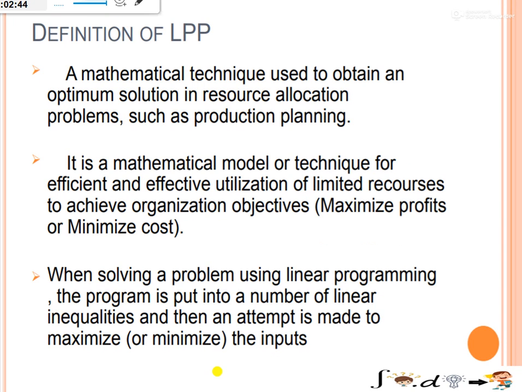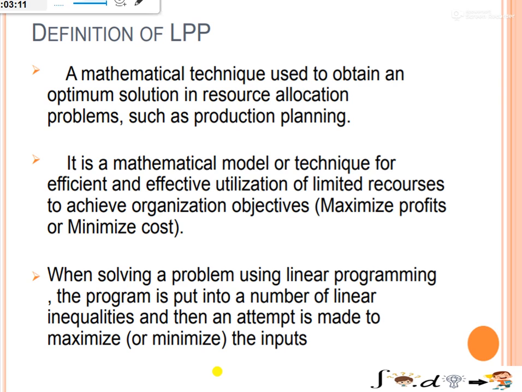Definition of LP. Mathematical technique used to obtain an optimal solution in resource allocation problems such as production planning. It is a mathematical model or a technique for efficient and effective utilization of limited resources to achieve organization objective.